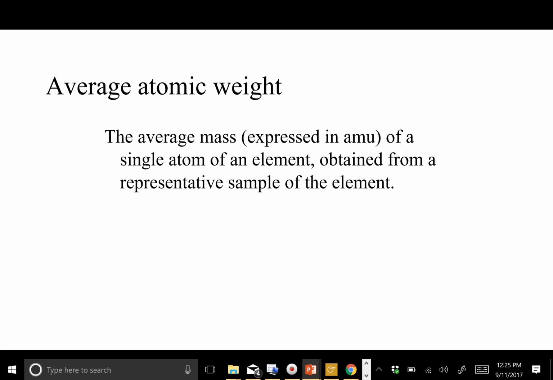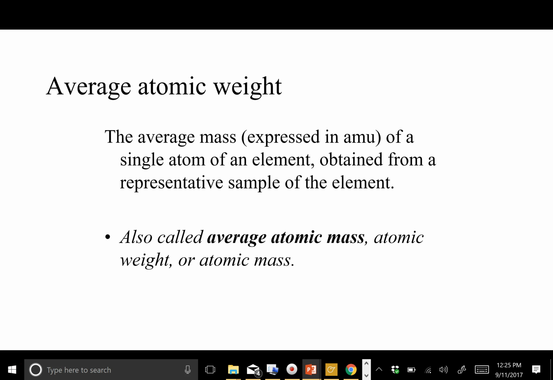So average atomic weight. Right off the bat, since we talked about isotopes this afternoon, you know that a carbon-12 atom will weigh less than a carbon-13. So somehow when we pick on carbon, we have to take that into consideration. That's why those decimal numbers are obtained from a representative sample of that element in nature.